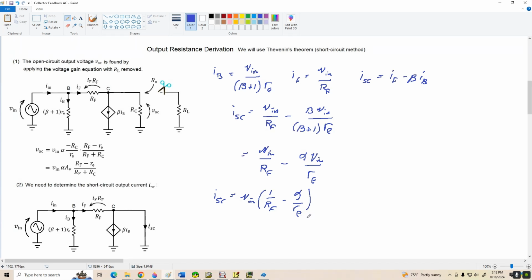Okay, now to save myself a little bit of messing around in the next step, what I want to do now is put these two fractions over a common denominator.